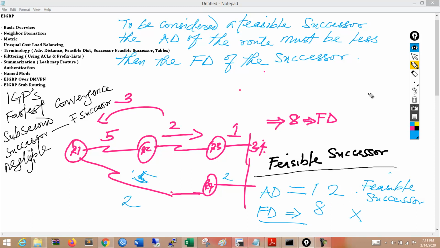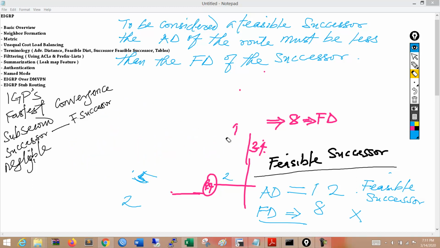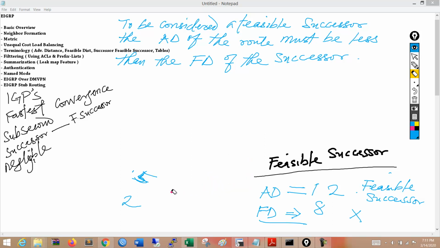And that is the advantage that EIGRP has over almost all the IGPs, and that is why most of the financial institutions deploy this routing protocol in their IGPs, at least down here in this part of the world where I am.